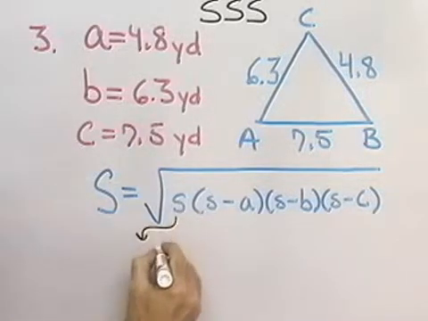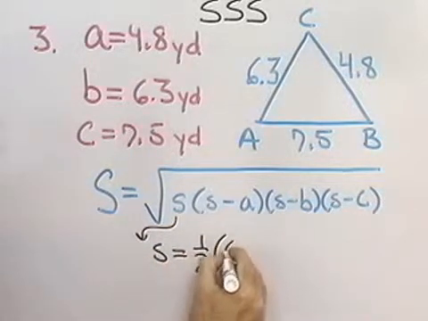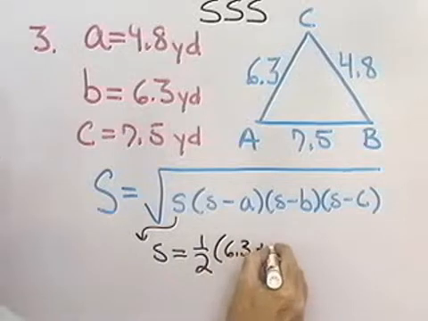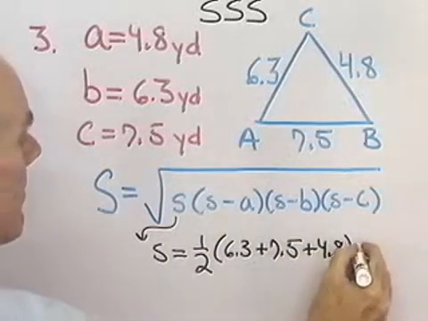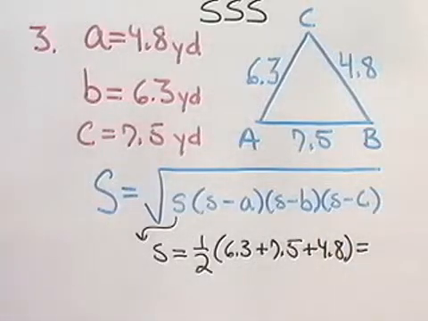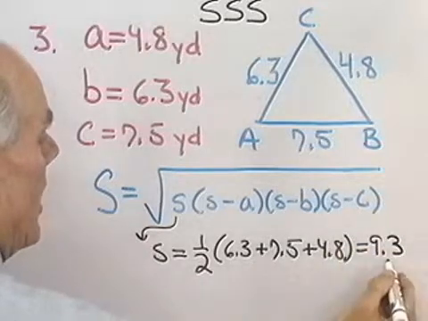So I have to calculate that first. Little s is 1/2 of 6.3 plus 7.5 plus 4.8. I do that arithmetic. 1/2 of that sum turns out to be 9.3. So that's 1/2 the perimeter.